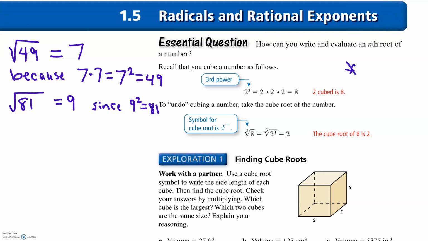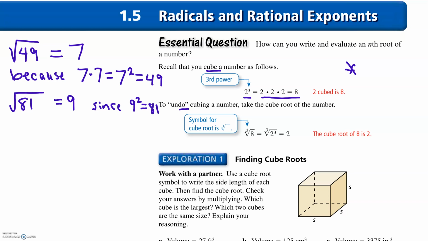So over here, let's talk about cube roots for a second. A cube root, well, let's remember what it means to cube a number. To cube a number means to raise it to the third power. So for example, 2 to the third power, 2 times 2 times 2 is 8. So 2 cubed is 8. We undo a cube by doing a cube root.